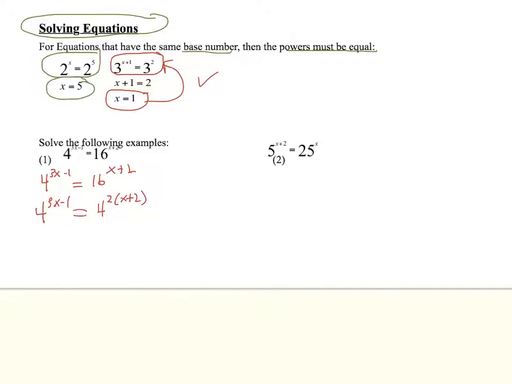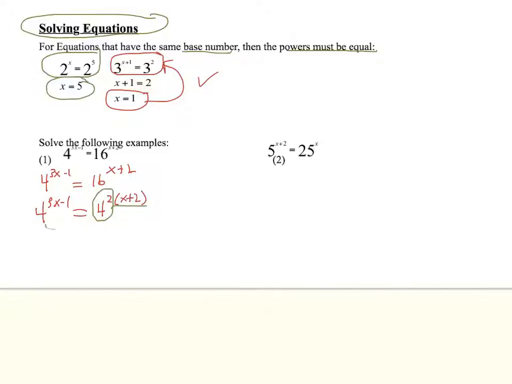So what we did here, right, is we had the x plus 2 that was raised to the 16th, but what we did is we changed 16 to be a base number of 4. And when we did that, that's just 4 raised to the 2nd power.